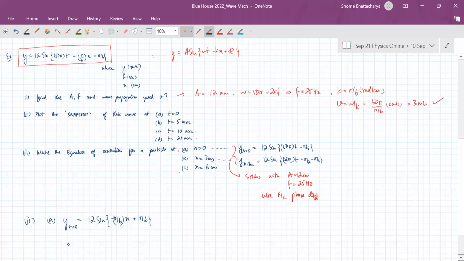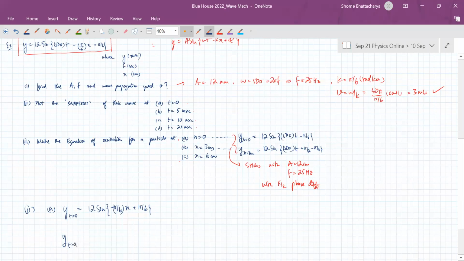Then y at t equal to 5 milliseconds became how much? It became, so this term 50 pi t at 5 milliseconds comes to pi by 4. Then at t equal to 10 milliseconds.